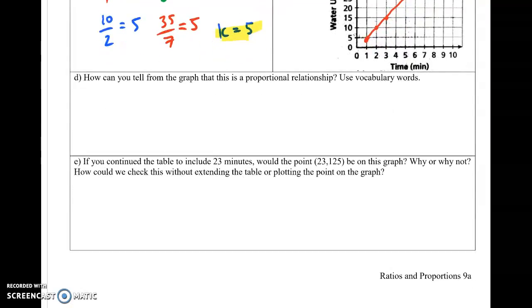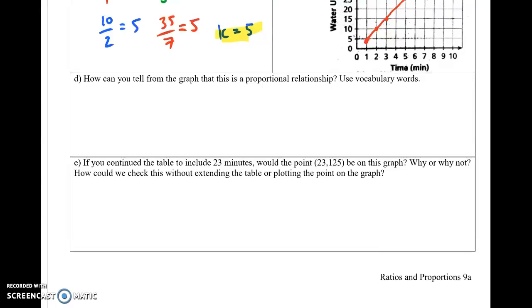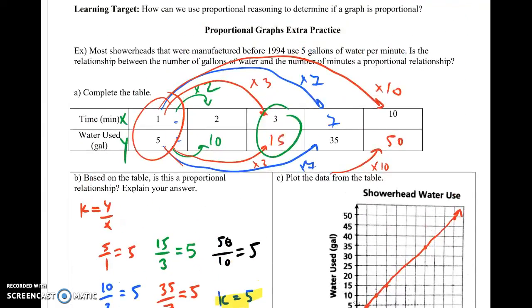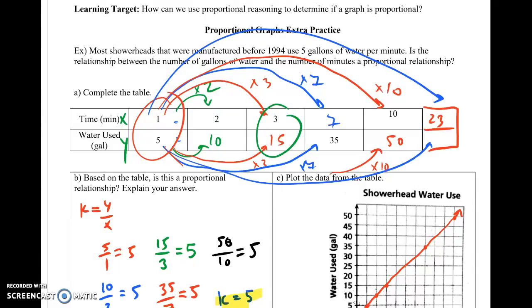Part E. If you continue the table to include 23 minutes, would the point 23, 125 be on this graph? Why or why not? Well, let's extend the table. So we have 23 minutes here. 1 times 23 gives us 23. 5 times 23 gives us 115.